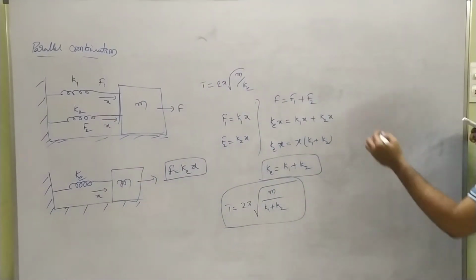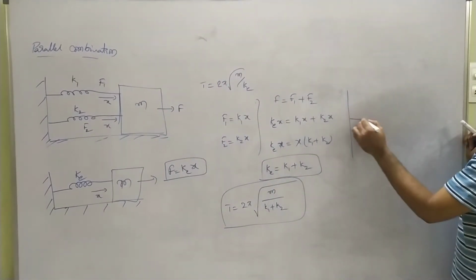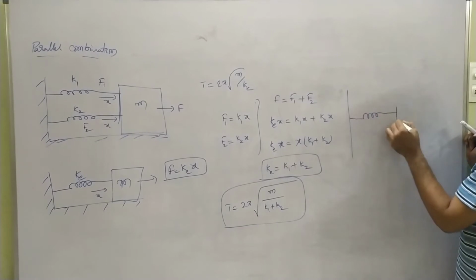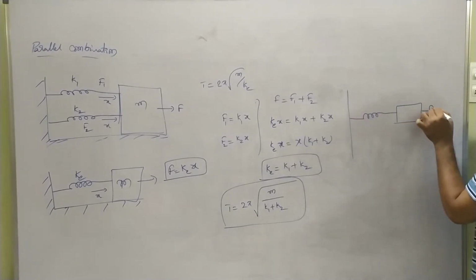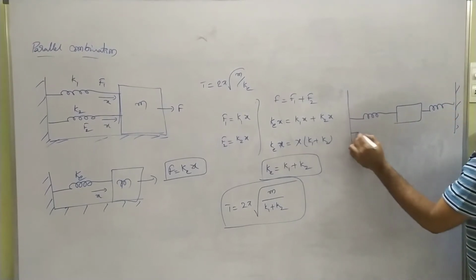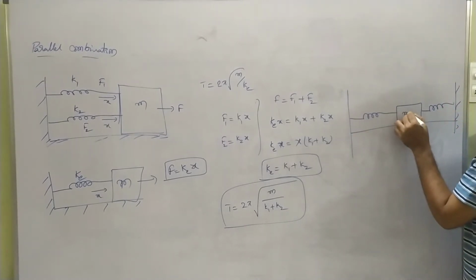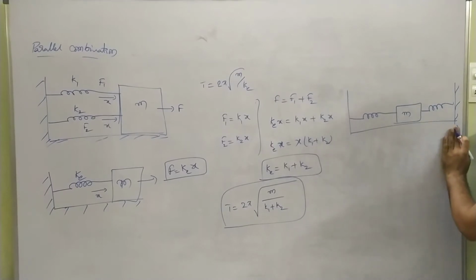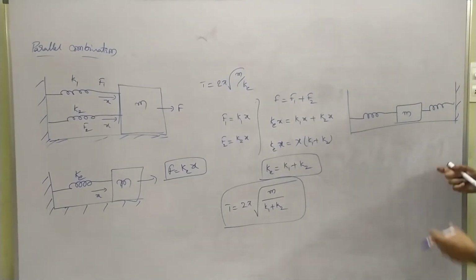As we see different diagrams based on these parallel combinations, the diagrams are represented like this also. After that, it is also a parallel combination. Why?